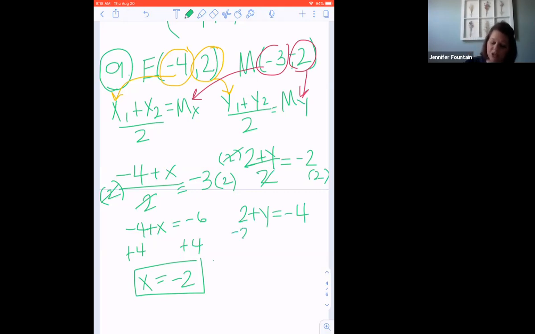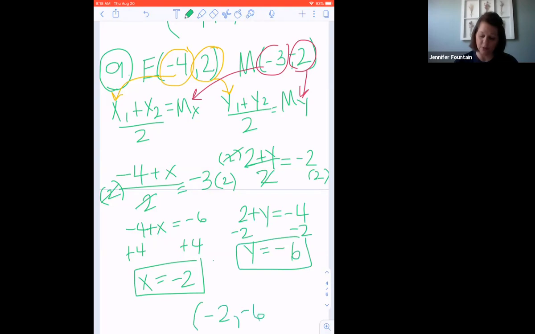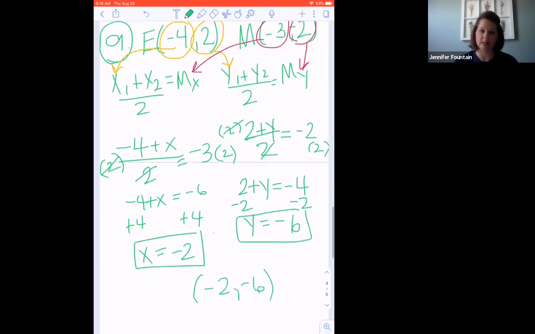I'm going to subtract 2 from each side because 2 is positive on the left, and to move it I need to subtract it. And y is equal to, now I have -4 minus 2. Remember, if I start with a negative and I'm subtracting something, I'm going to end up with a larger negative, and -4 minus 2 is -6. So my ordered pair is going to be -2, -6.